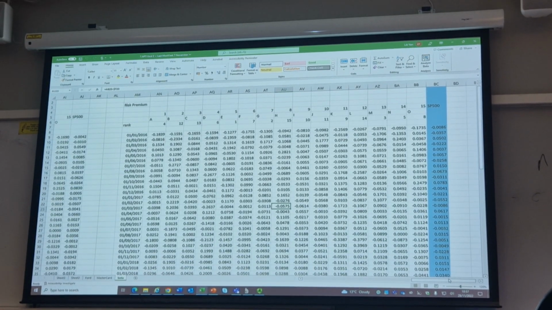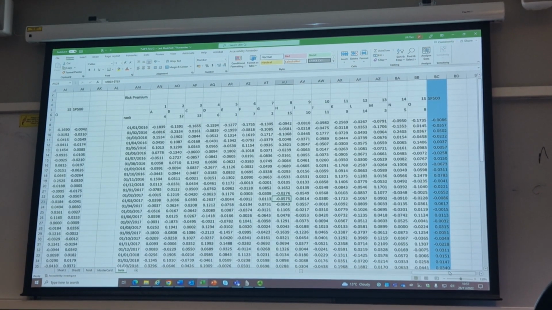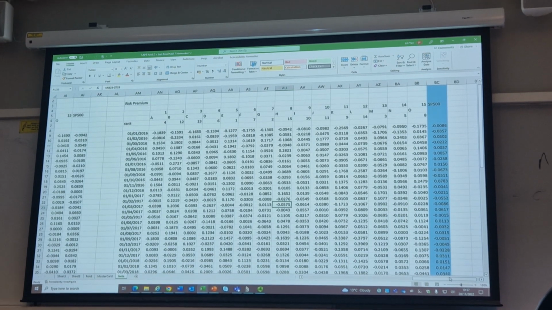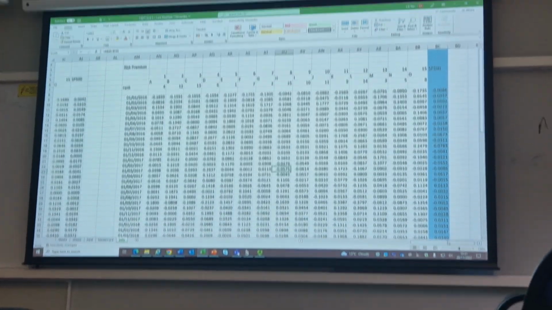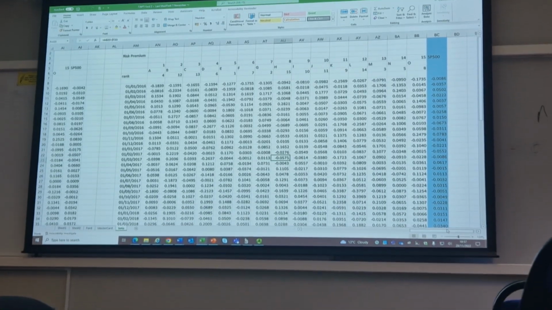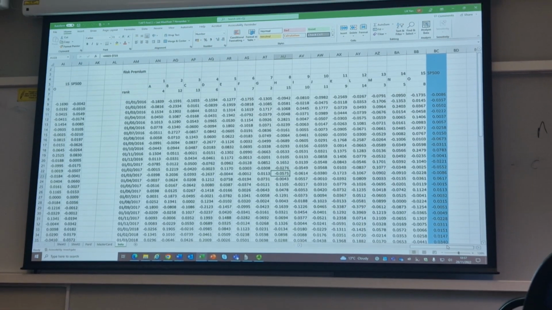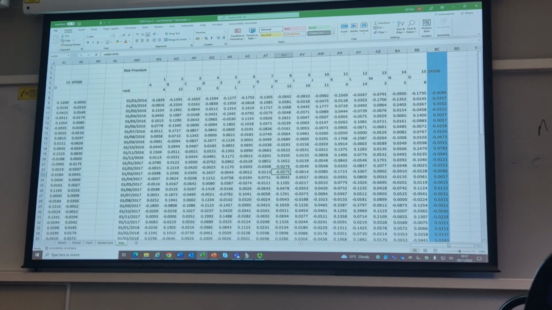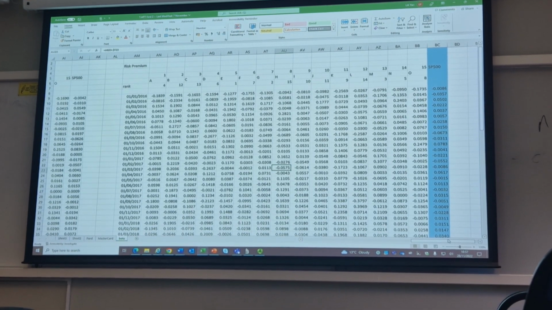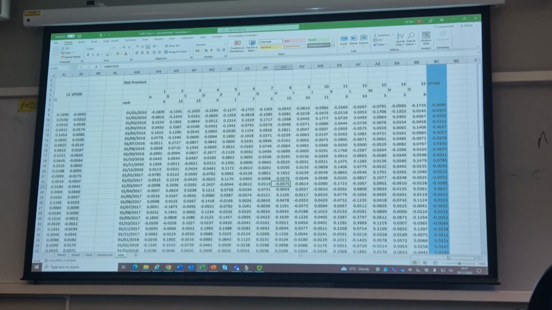Standard deviation is used to measure the total risk of assets. Total risk of assets basically comprises two types of risk. One is market risk, and one is firm-specific risk. Firm-specific risk could be diversified, reduced, if we invest in different types of assets. The market risk could not be diversified away.